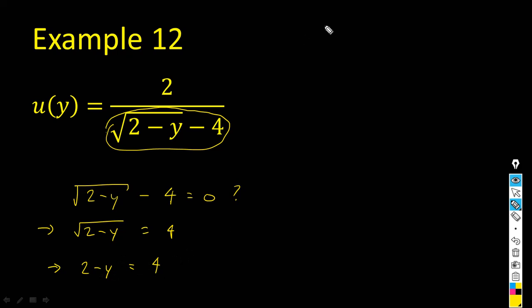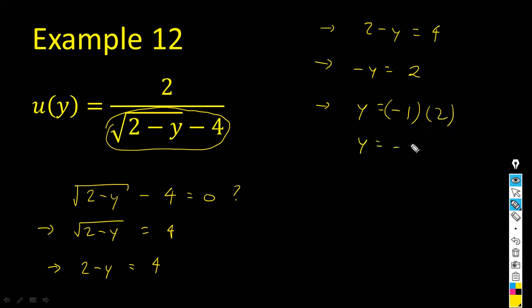And then I'm going to continue over here. Minus y equals 2. I subtracted 2 from both sides, and then I'm going to multiply by minus 1. So we will get y equals minus 2.